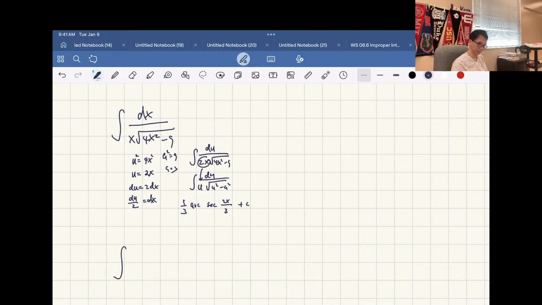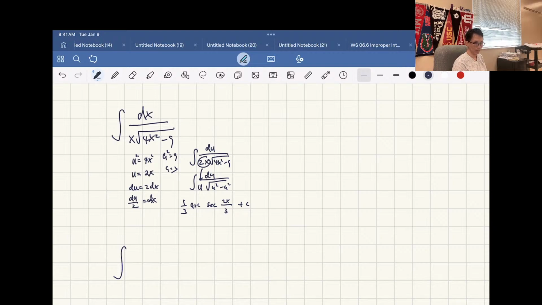Wait, why is it x? Why did you make it 2x on the bottom? Why is it du over 2x? Solve for dx. You plug back in.